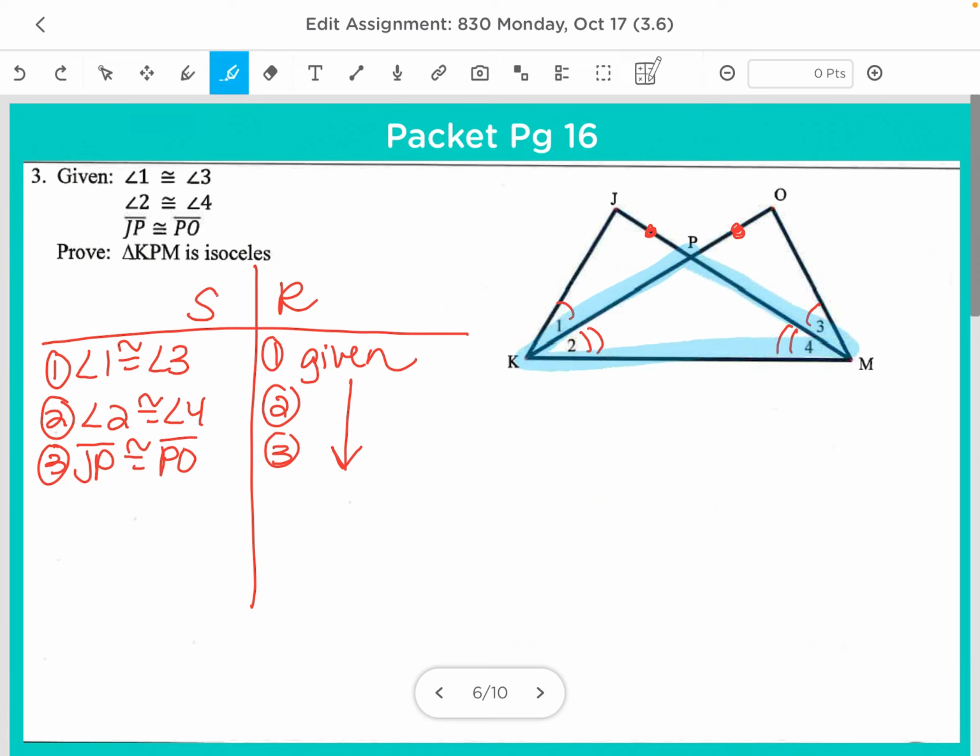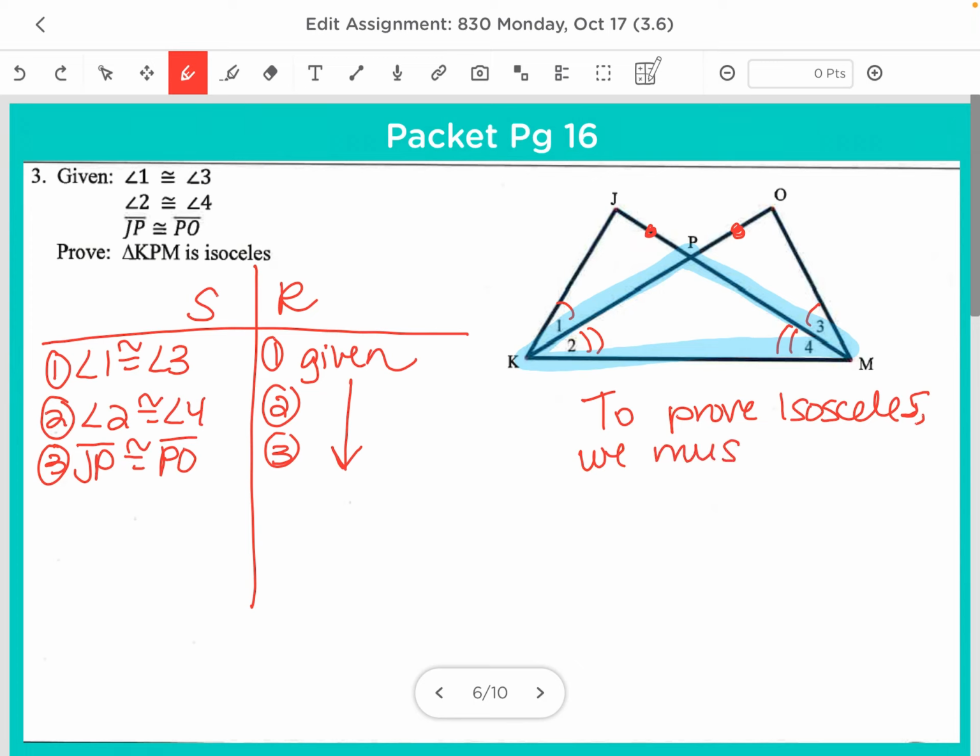Okay, so in order to prove a triangle is isosceles, I need to get its two sides congruent. So to prove isosceles, we must get KP congruent to PM.